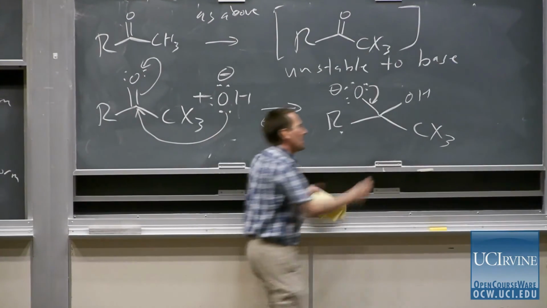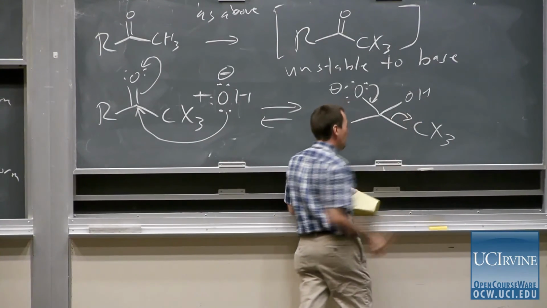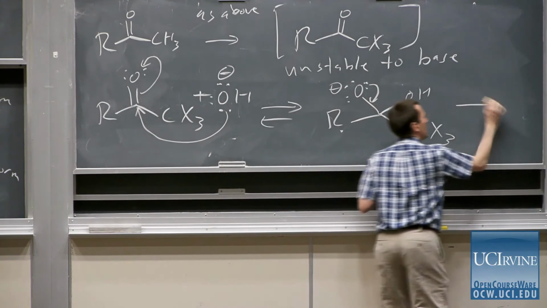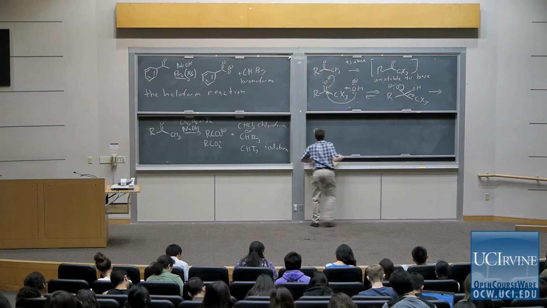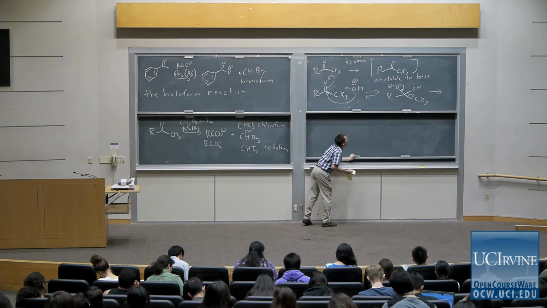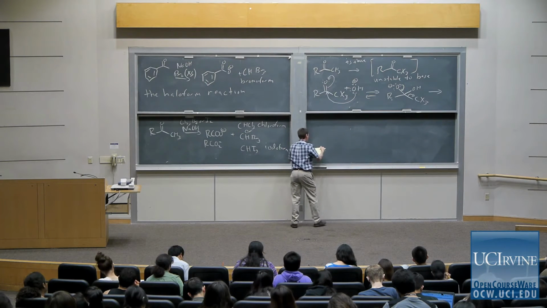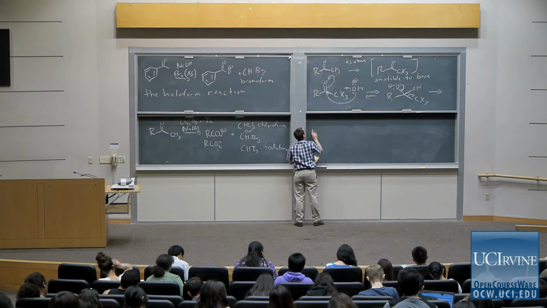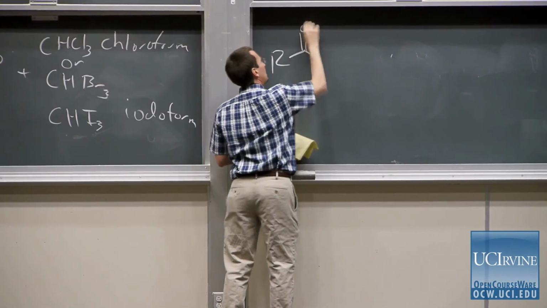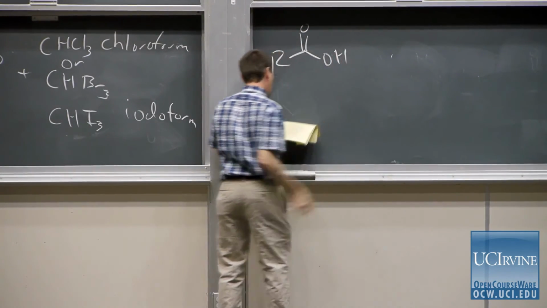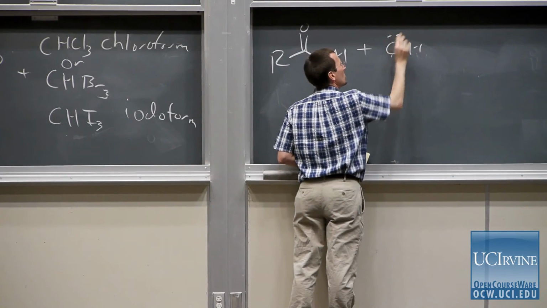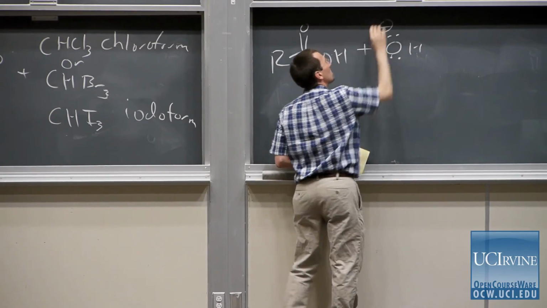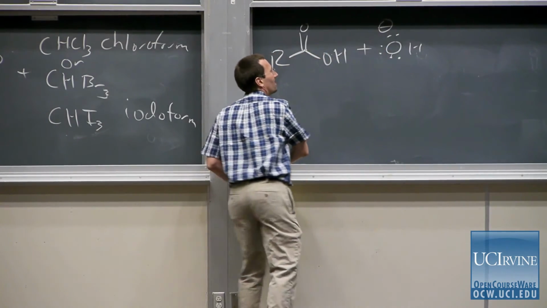Electrons come in and they push it out like a leaving group because, indeed, it is a leaving group in this particular context. So electrons come back. We go ahead. We end up with a carboxylic acid. And again, I'm drawing an abbreviated mechanism. I'm not putting in every lone pair of electrons.